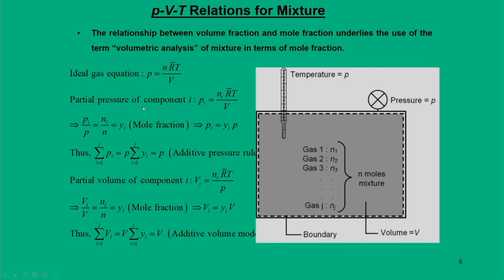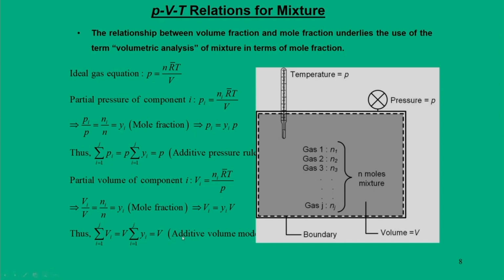In the same line, if you calculate the partial volume for the component i, Vi, we can write Ni R bar T by P, and if you take the ratio between Vi and V, we will also get the mole fraction. Taking the summation of the individual volumes, we get the total volume.